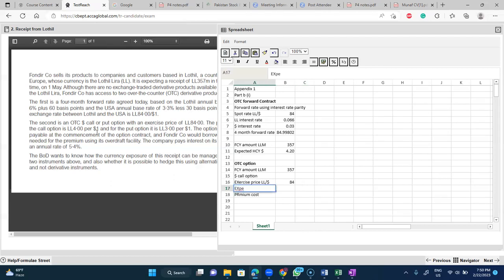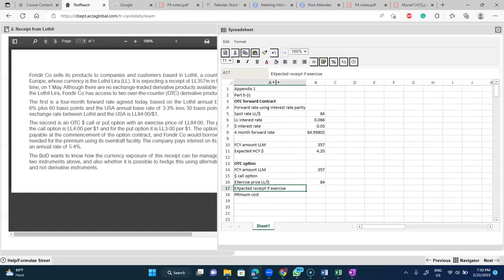So expected receipt FX size. If we exercise, what is the expected receipt? 357 divided by 84, 4.25 million. So $4.25 million into 4. So this is the premium cost.